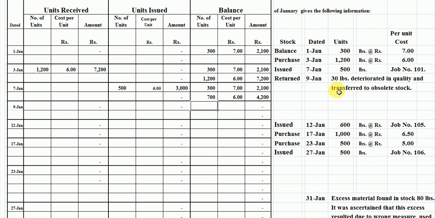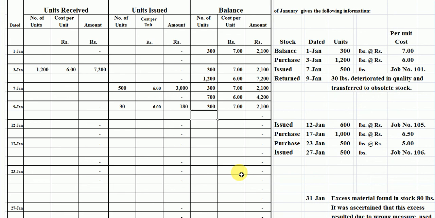Then we have to consume these 30 pounds of material in production here. 30 pounds, the rate is 6 per pound. The remaining balance is 300 pounds, that is 7 per pound here.